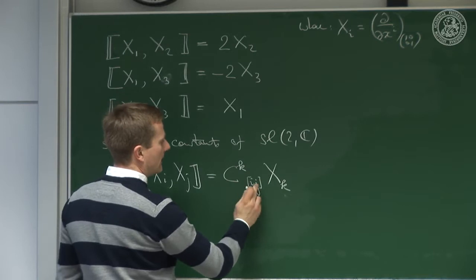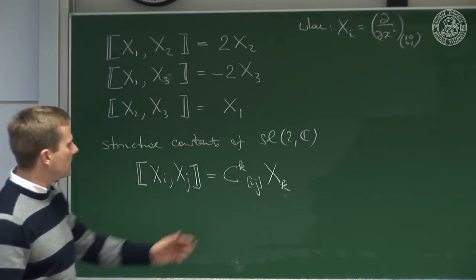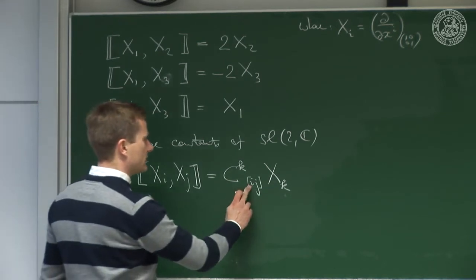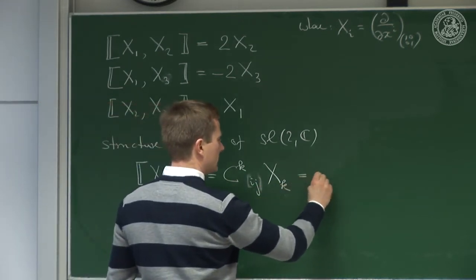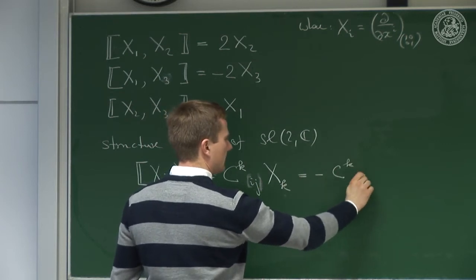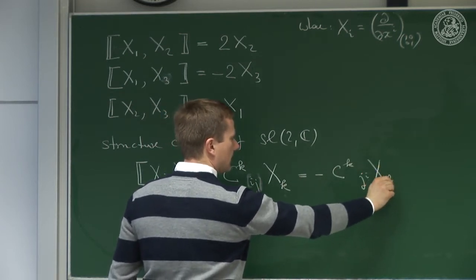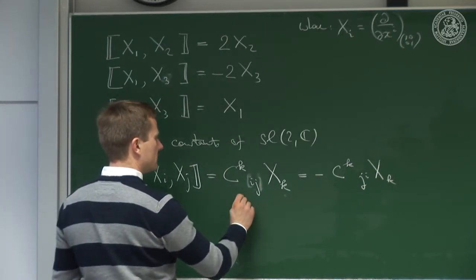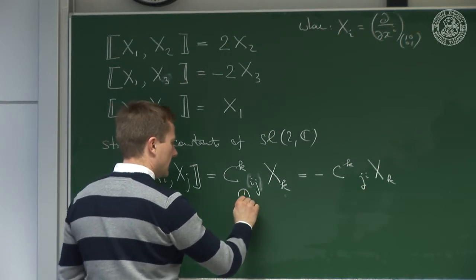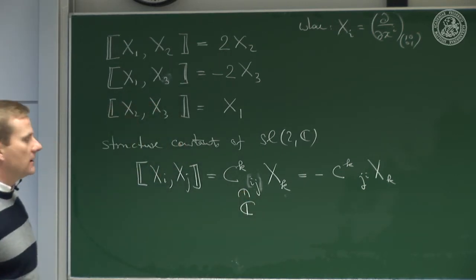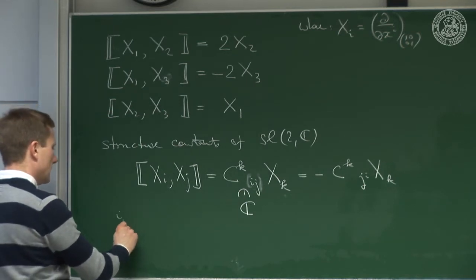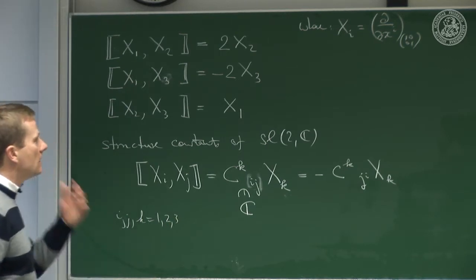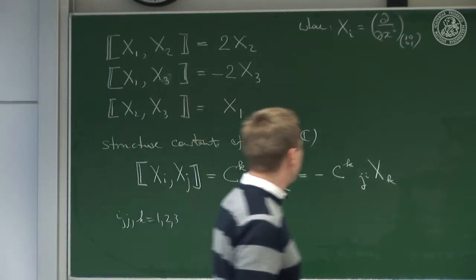So I can write without changing anything this weighted antisymmetrization, but I don't have to. Maybe it's clearer here to say that this is, of course, minus ck ji xk by construction. Okay, and these guys are the structure coefficients, and because we're dealing with a complex Lie algebra, these are simply a collection of complex numbers, and i, j, k run over the labels of the basis vectors.